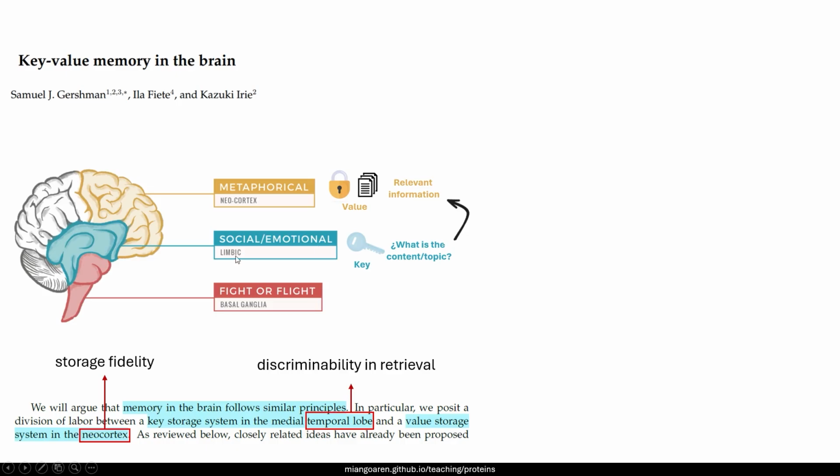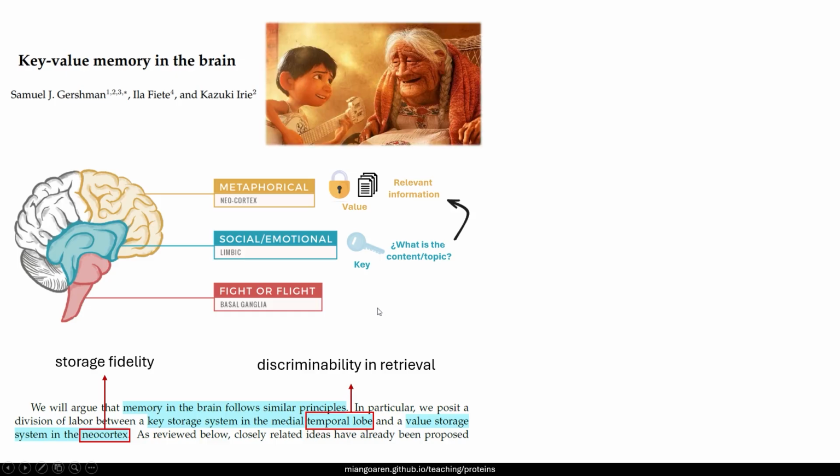So in this case, the limbic system, through some particular signals, accesses the information stored in the neocortex, and thus allows us to access the information from a particular memory. As a specific example, you could think about the movie Coco, where Mama Coco didn't remember practically her entire life, and it wasn't until Miguel, her great-grandson, played a song that she was able to access the entire set of memories of her upbringing with her father.